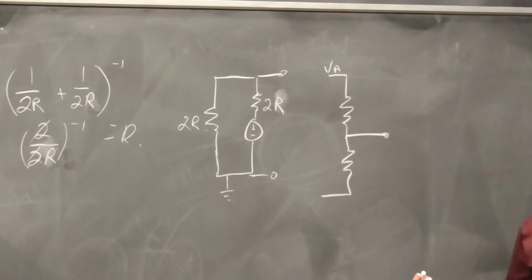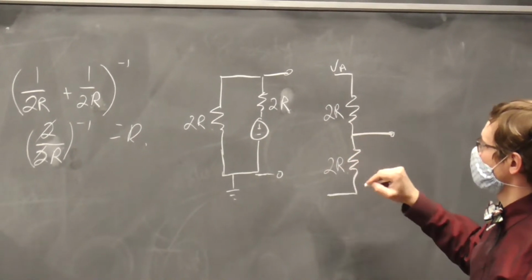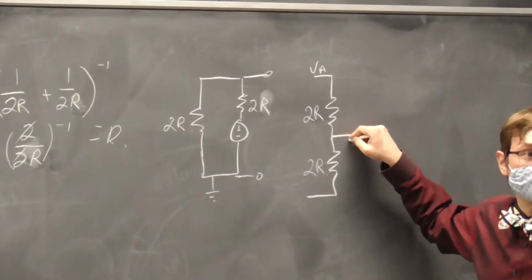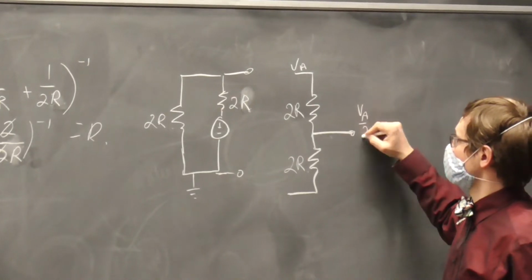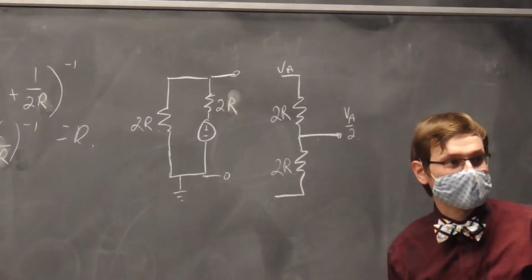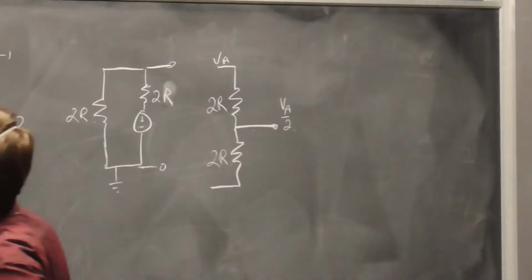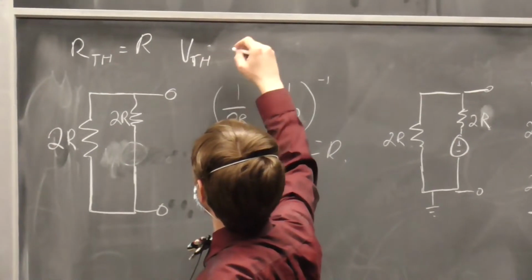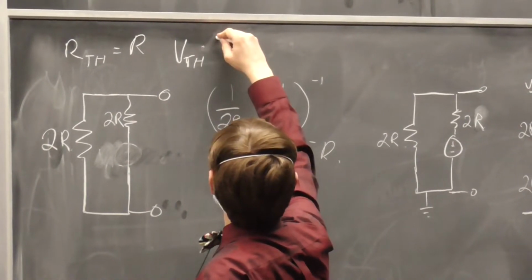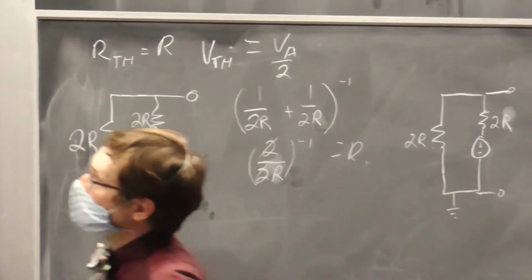It's a voltage divider, right? 2R here, 2R there. What's this voltage? VA over 2. Right? Good. So, our VTH here is VA over 2. Okay, good.